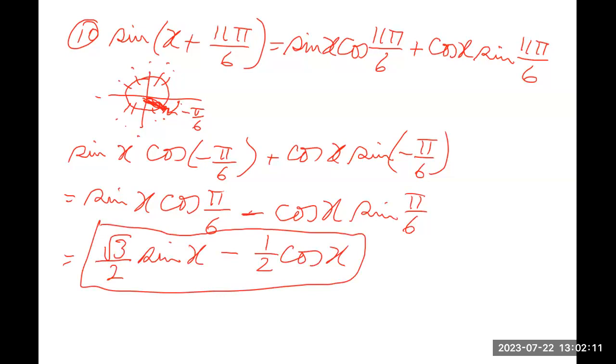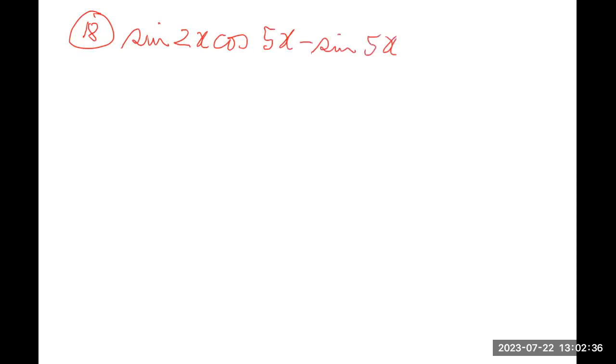Let's look at problem number 18. Where we're doing just the opposite of what we did in the previous problem. So we're given the expression sine 2x cosine 5x minus sine 5x cosine 2x.